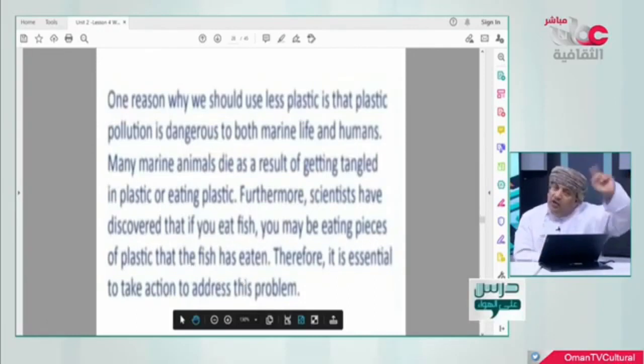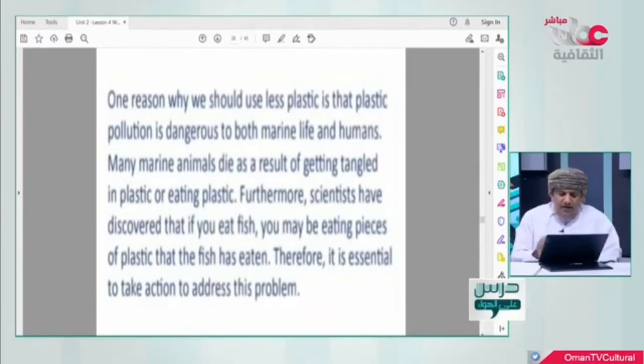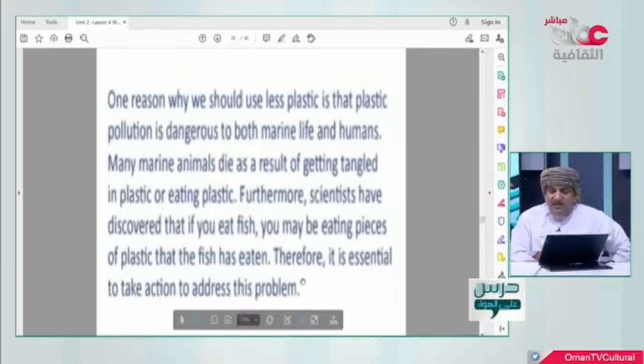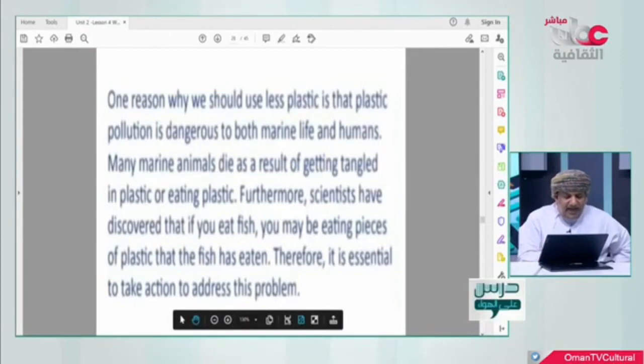This is for the human. The first supporting sentence is for marine life, and the second is for the human. The last sentence is the concluding sentence: therefore, it is essential to take action to address this problem. We call it the concluding sentence.